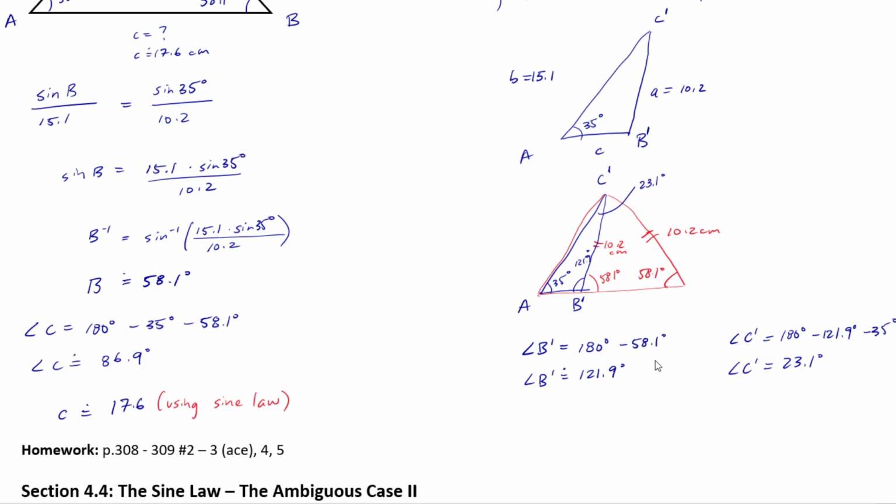Now I know that this side, B, is equal to 15.1 centimeters. So now I just need to solve for side AB prime, this side right here, by doing side AB prime over sine 23.1 degrees is equal to, and then I can choose whichever I want, so I'm going to say 10.2 centimeters over sine of 35.